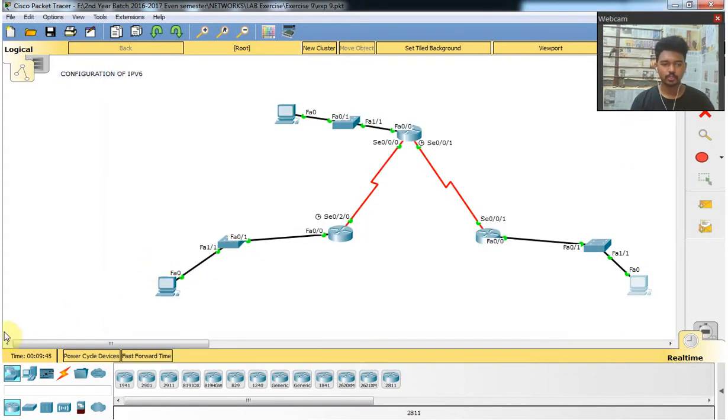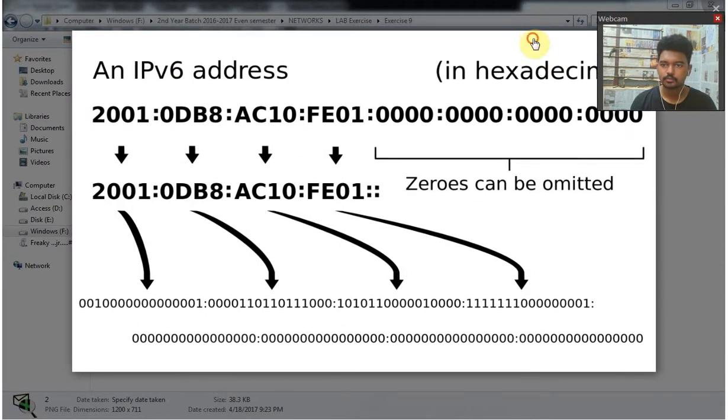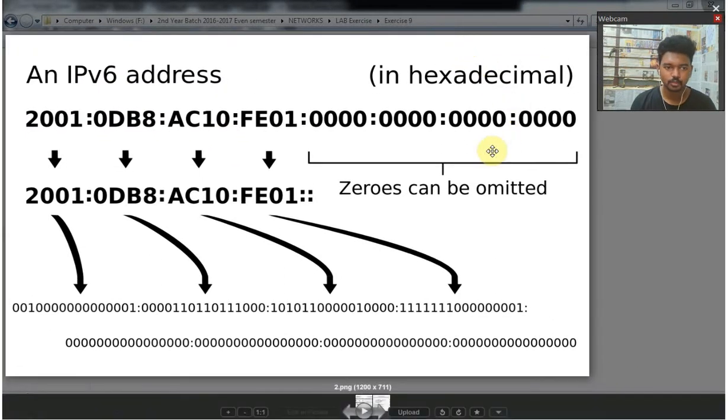Now we'll look into the address format of IPv6. Over here you can see the header format of IPv6. It is of 128 bits.